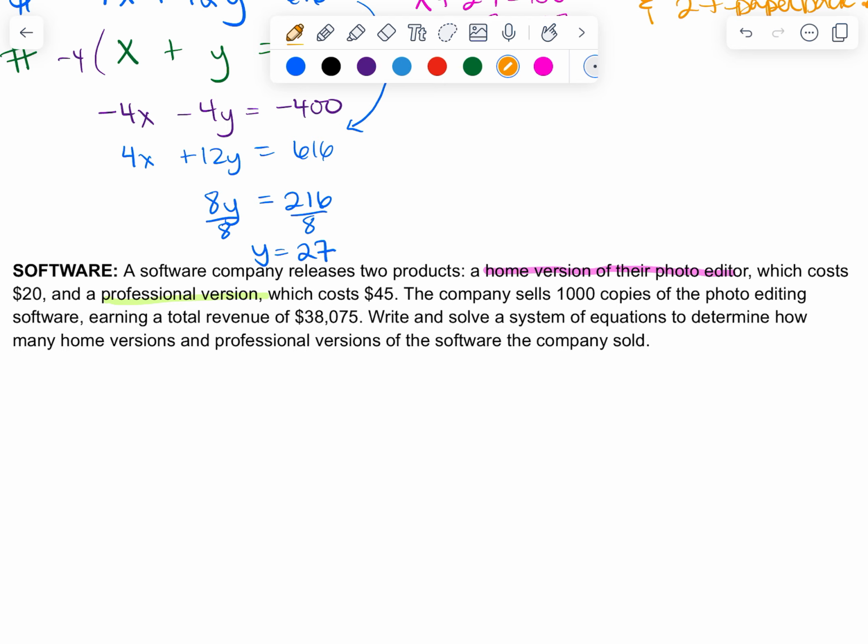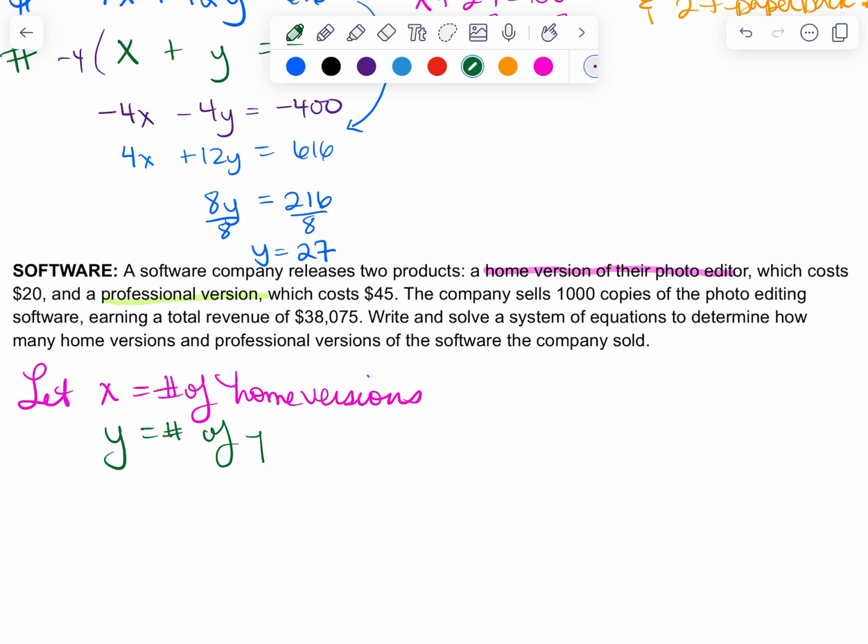Okay, so let's do this. We're going to let x equal the number of home versions, and in green, let y equal the number of professional.